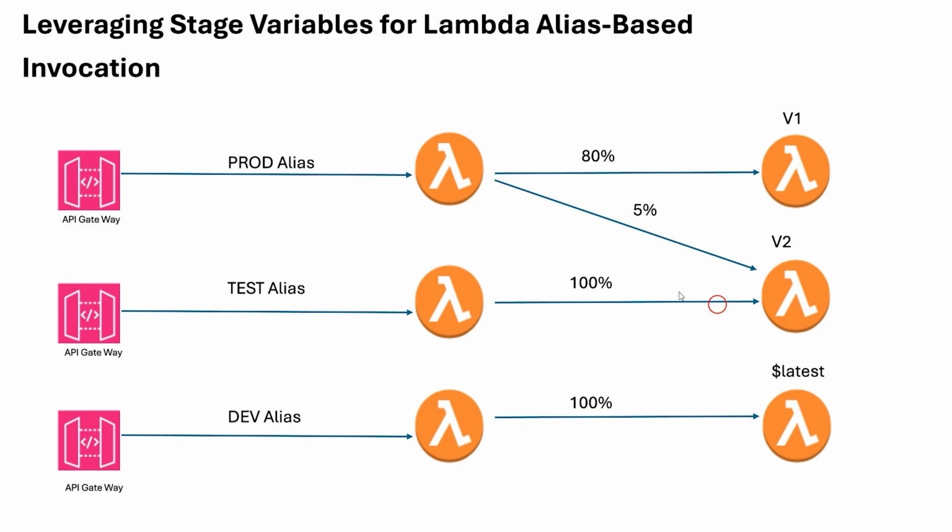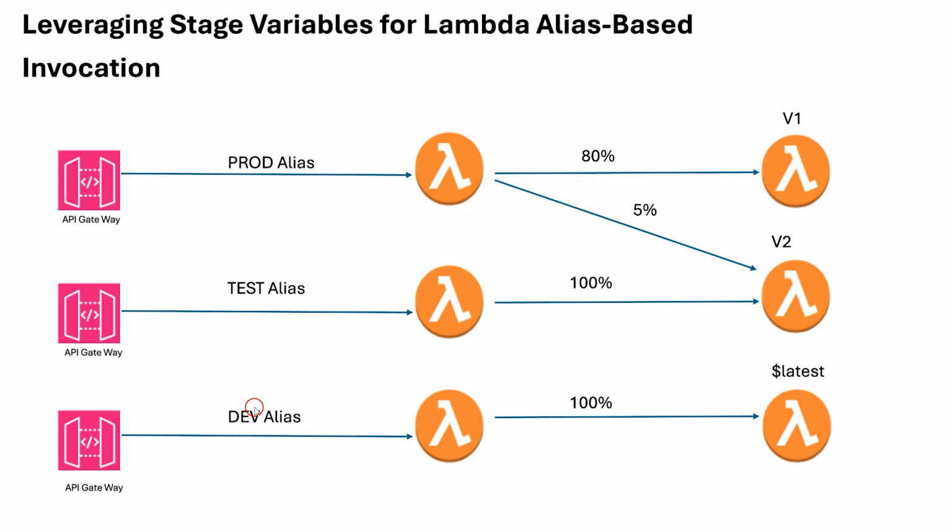So for better clarity, I will show you this flow diagram. If you observe this flow diagram, you will get better clarity. Okay. So look at the first one here. We have the API Gateway, which has the Lambda backend. And here in the stage variable, we mentioned dev alias.